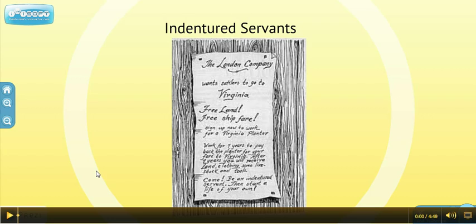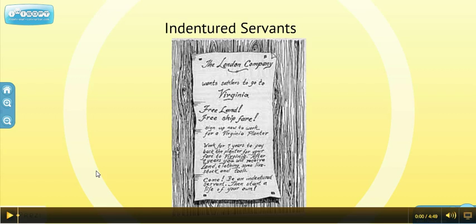An indentured servant was essentially a poor person from England or Scotland or some other country who, in exchange for their passage to the New World, which was paid for by the Tidewater aristocrat, would work on that aristocrat's plantation for usually about 7 years. But after those 7 years, they were free to do what they wanted. So it's often a good way of starting a new life.